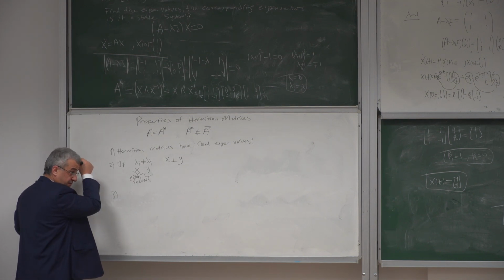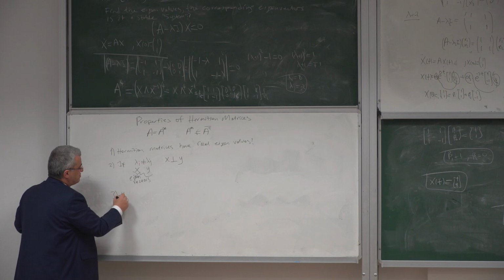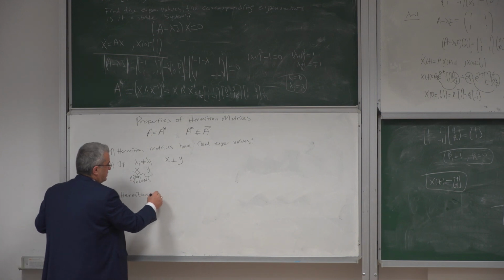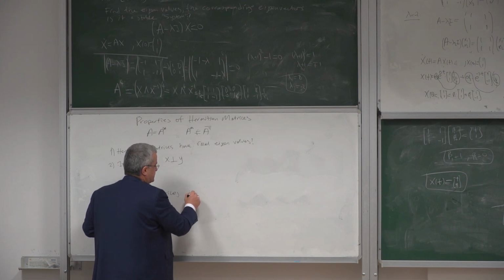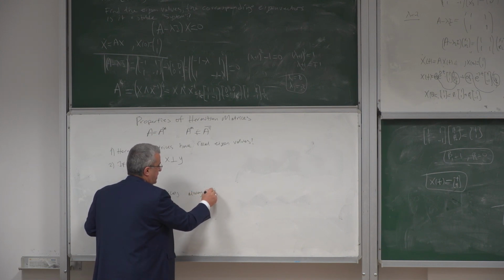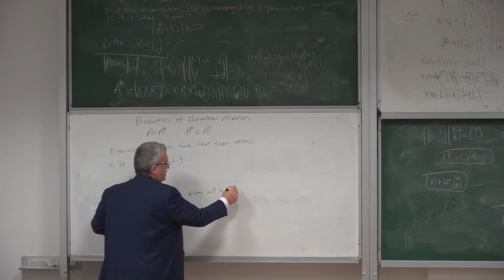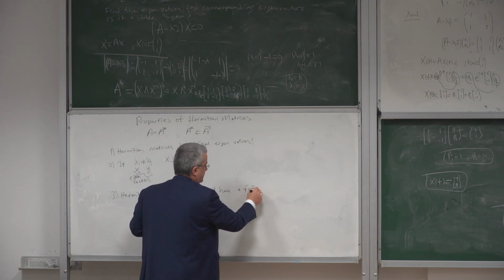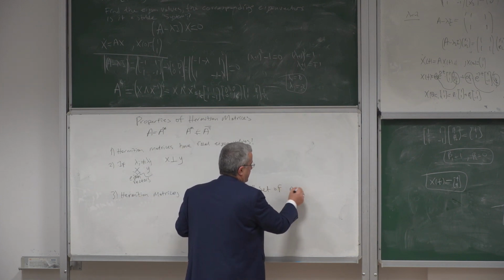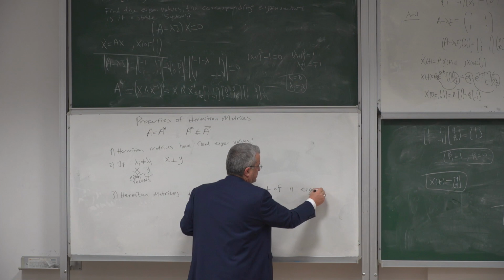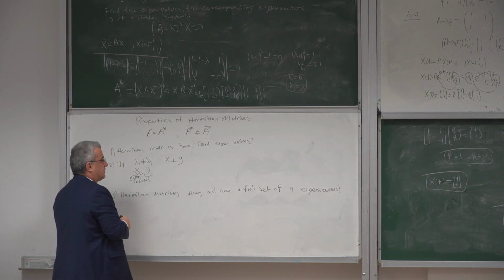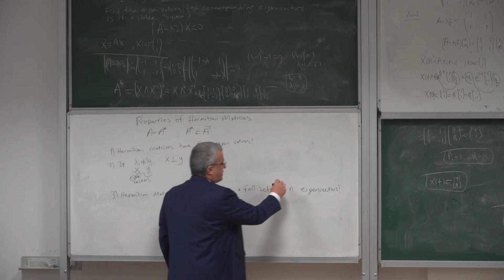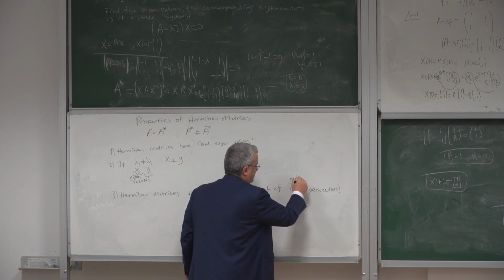Three. These first two we proved. Hermitian matrices always have a full set of n eigenvectors, and I will say orthogonal, okay?